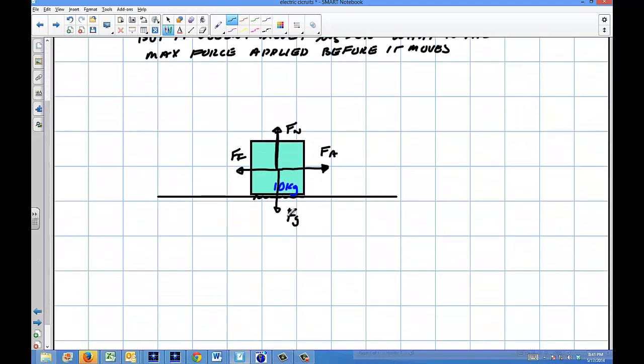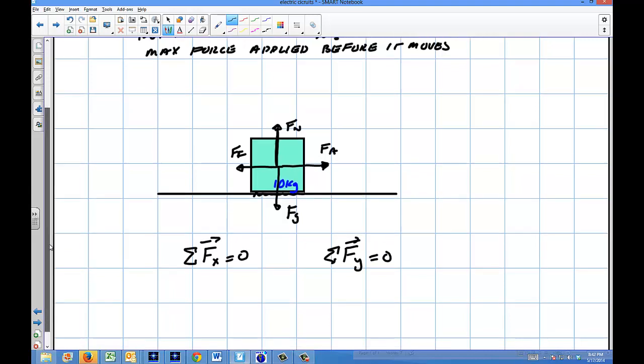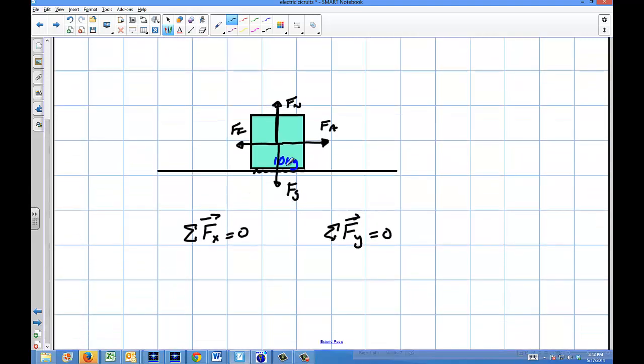Okay, so what do my equations look like? Well, I'm going to have Newton's first law. Sum of the forces in the x equals 0. Sum of the forces in the y equals 0. Okay, and these are my components. So if I look at the x components, whatever's on the left is balanced by whatever's on the right.